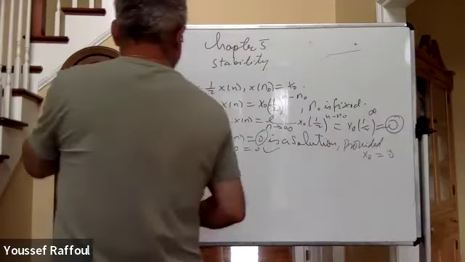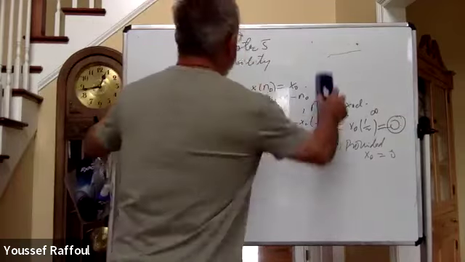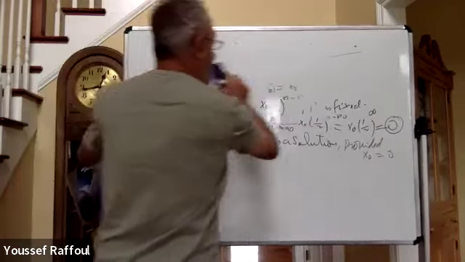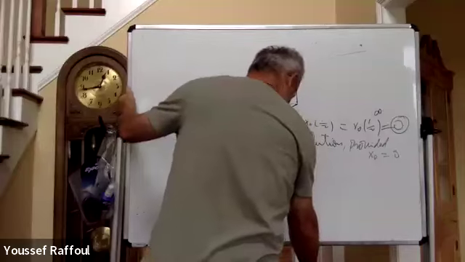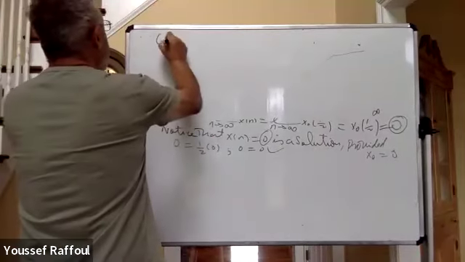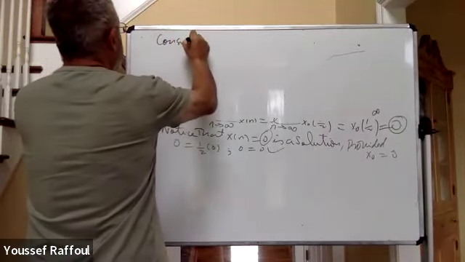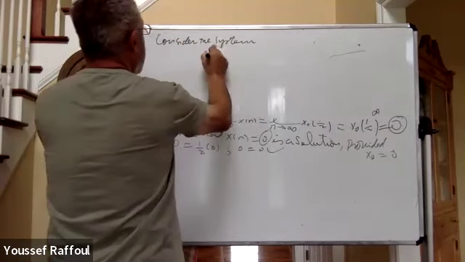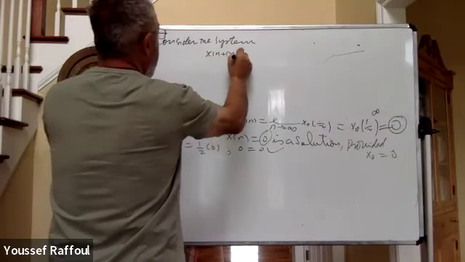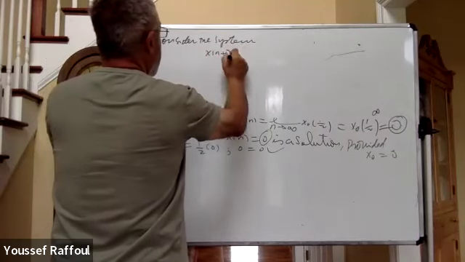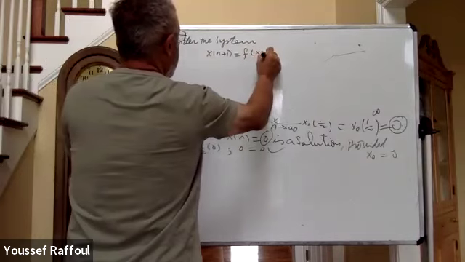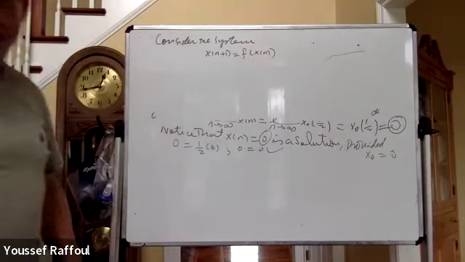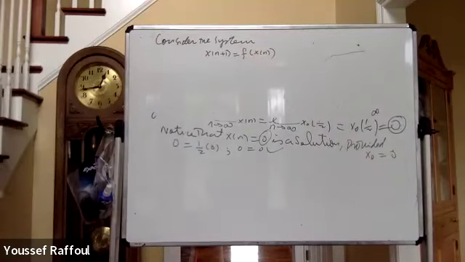So we're going to consider the system x(n+1) equal to f(x(n)). So this is a function of x.